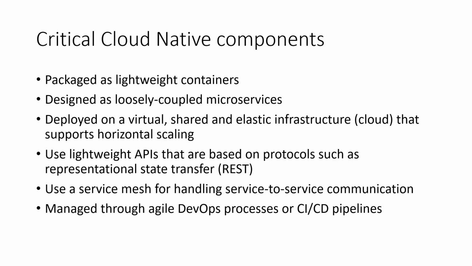The next component we are going to talk about is the critical cloud native components which we have right now. The first one is package. The critical component is that it is packaged as a lightweight container. That's one thing. Designed as loosely coupled microservices, deployed on a virtual, shared, or elastic infrastructure, which includes cloud, that supports horizontal scaling.